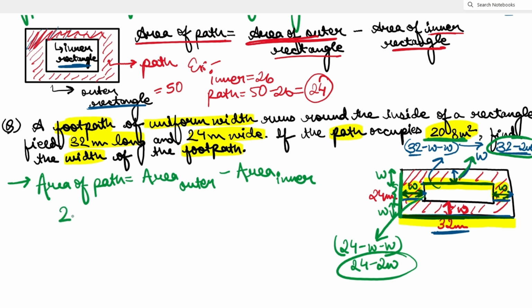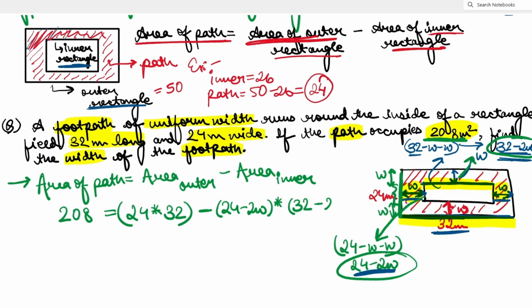Can we substitute the same value? The outer rectangle is given as 24 into 32, since it is an area, length into breadth, minus the inner rectangle. The inner rectangle sides we calculated as 24 minus 2W and 32 minus 2W. So we can write 24 minus 2W into 32 minus 2W.